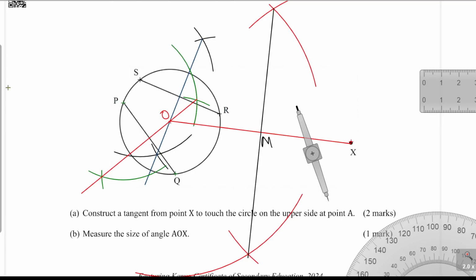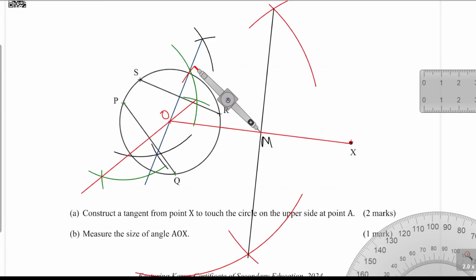So take OM, measure that distance, from O to M. After taking that distance, you stand at M with that distance from O to M, then cut that circle at that point. That is where you shall have your point A.